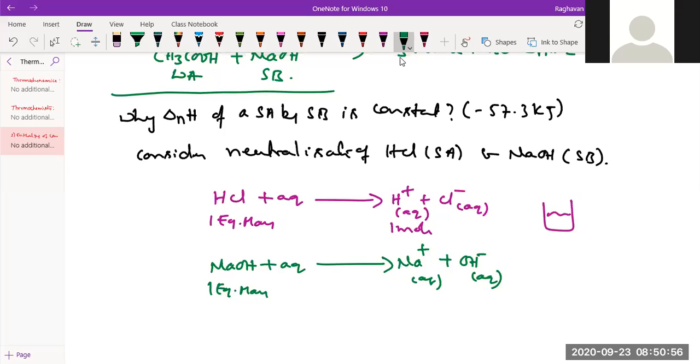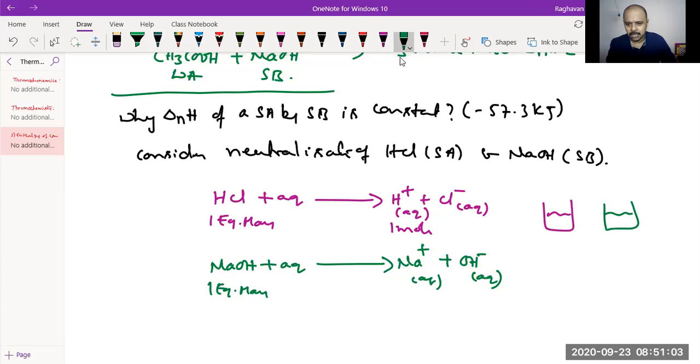So both are same. So one equivalent mass of NaOH I have taken, see, in a beaker. Okay. So this has one equivalent mass of HCl. This has one equivalent mass of NaOH. So in this solution of HCl, there is 1 mole of H plus ion. In this solution of NaOH, there is 1 mole of OH minus.